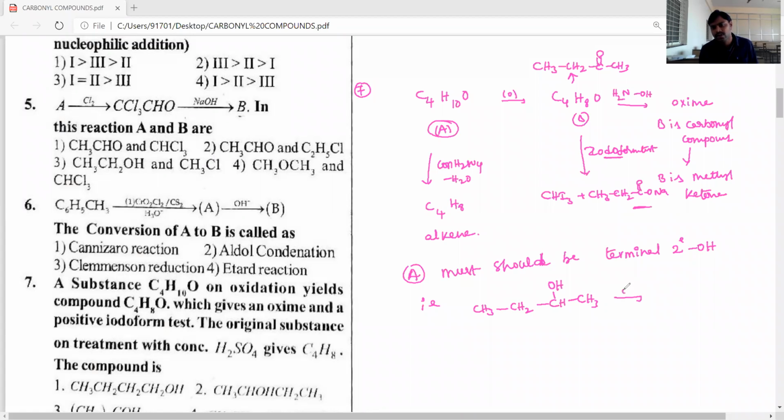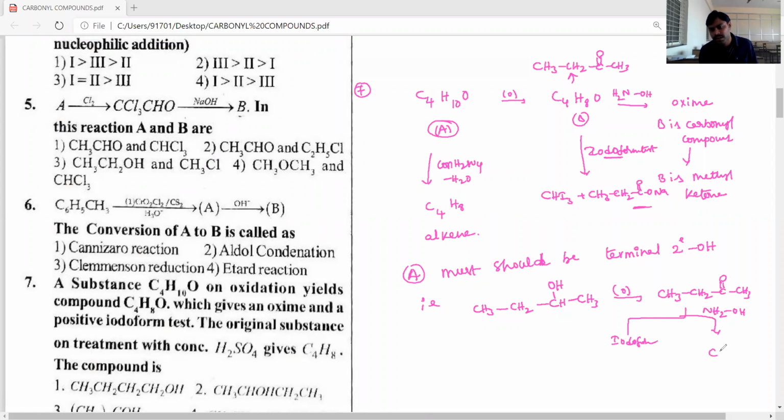Then only on oxidation we are getting butan-2-one. This can form the iodoform test, and when treated with hydroxylamine, forms oxime.